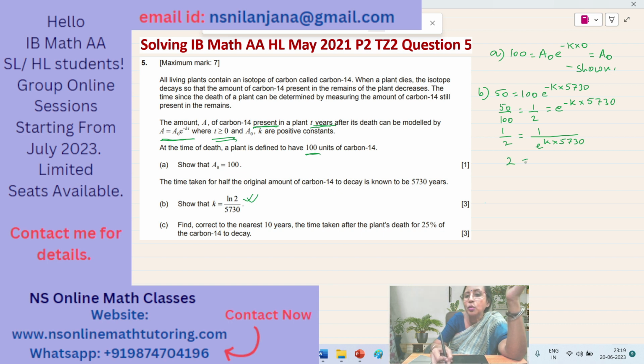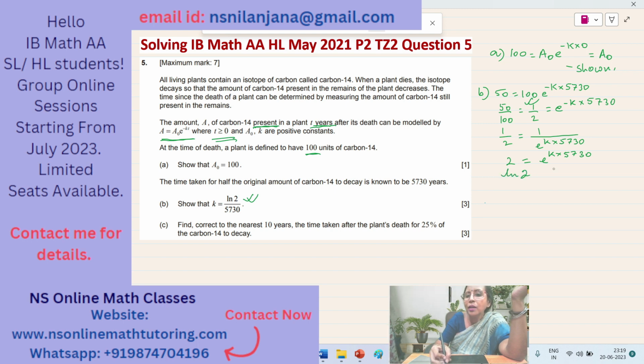So it is 2 equal to e to the power of k times 5730. And now I take the ln of both the sides. So I will be getting ln of 2. You can take the ln of the other part as well and you will be getting the same answer, but I have just done it this way.